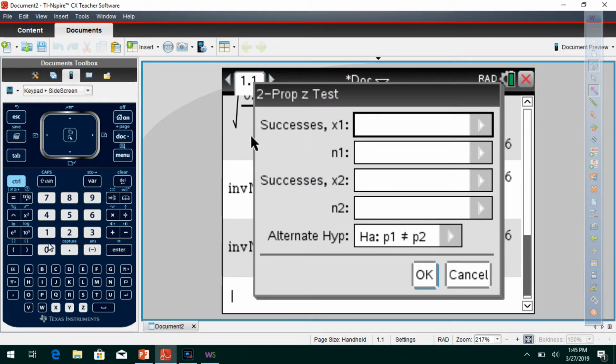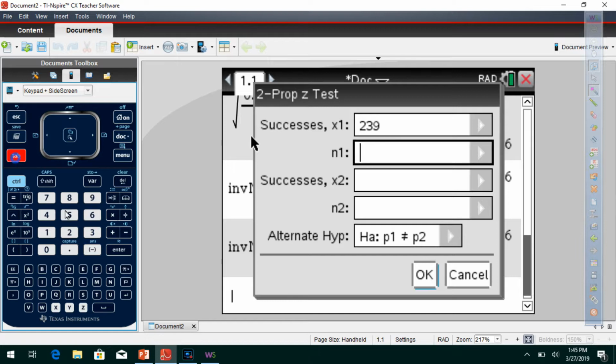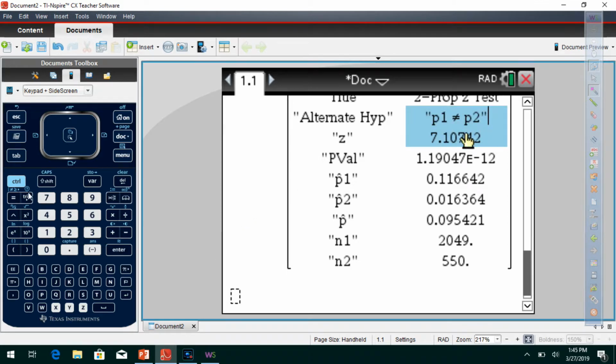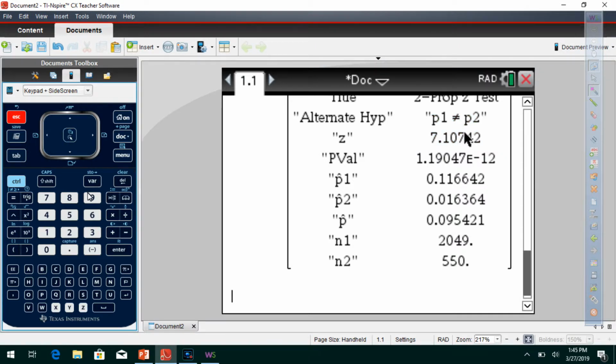So we got 239, 2049, 9, 550. And then see here, our Z value, 7.10. P is not equal to, okay, so there we go. All right. So there we go.